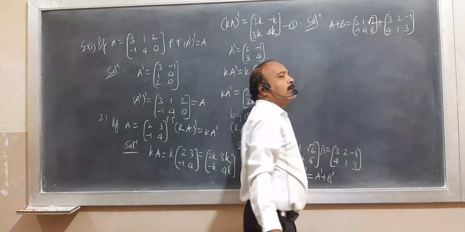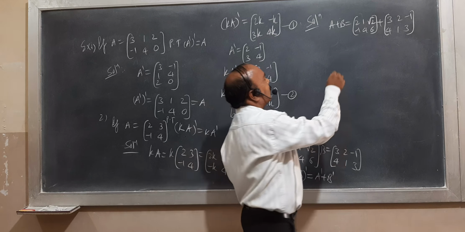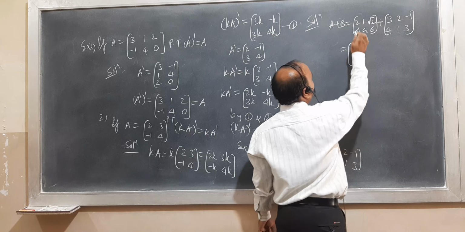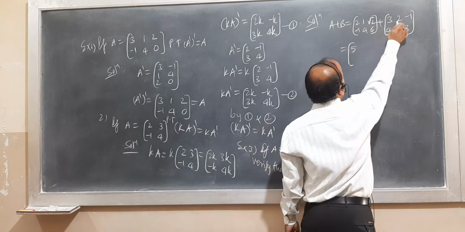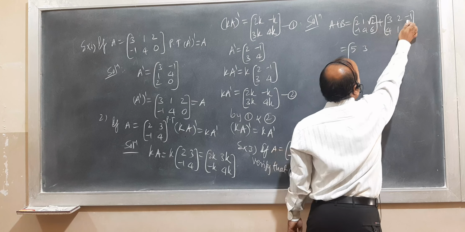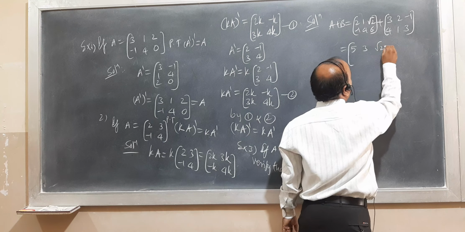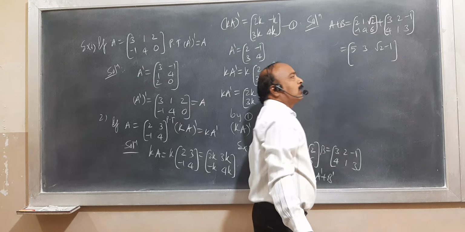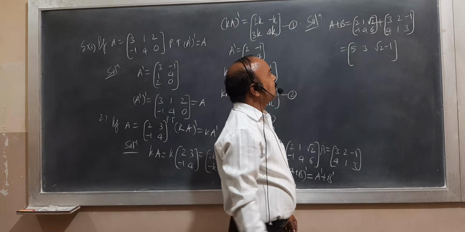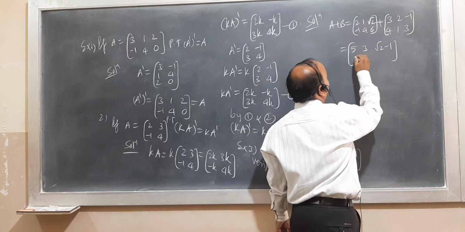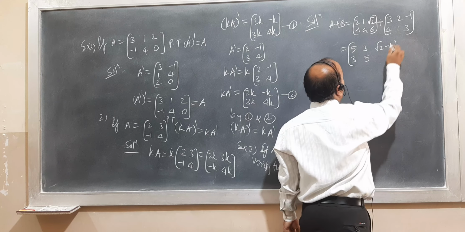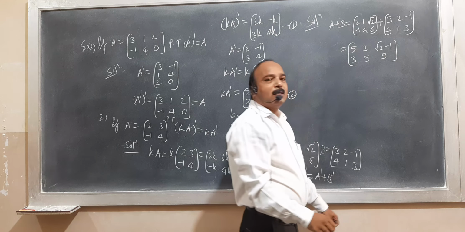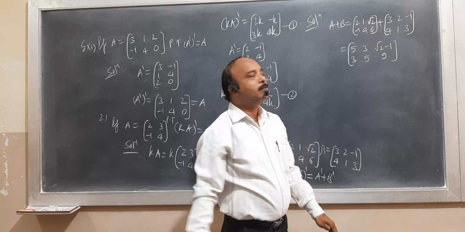As we know already the addition of matrices, we can add these two matrices. 2 with 3 is 5, 1 with 2 is 3, root 2 with minus 1 means root 2 minus 1. It is irrational, so you keep it as it is. Next, minus 1 plus 4 is 3, 4 plus 1 is 5, 6 plus 3 is 9. So it is the matrix A plus B.